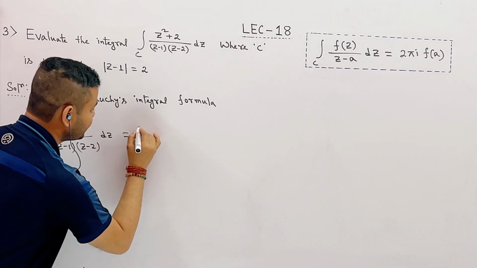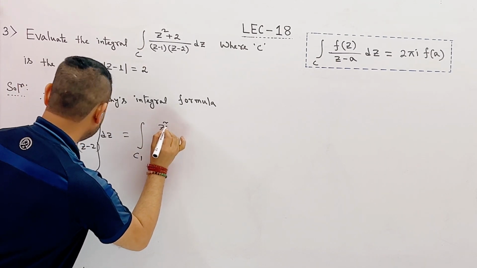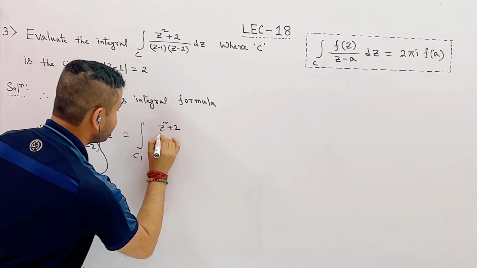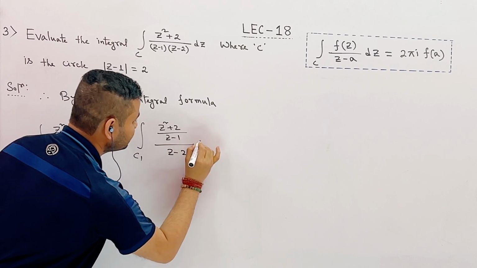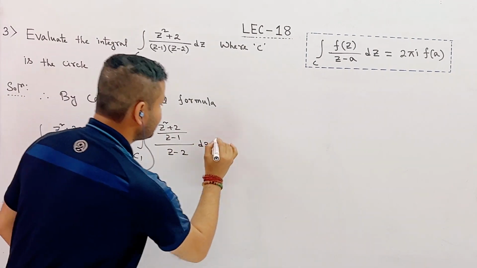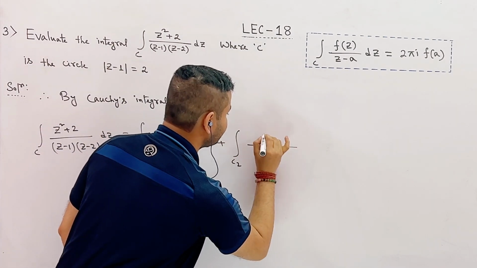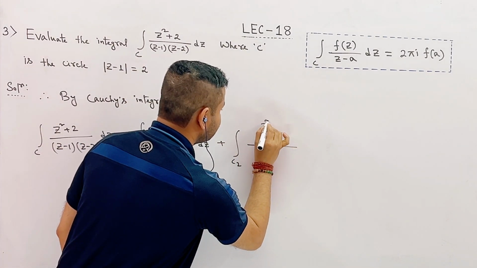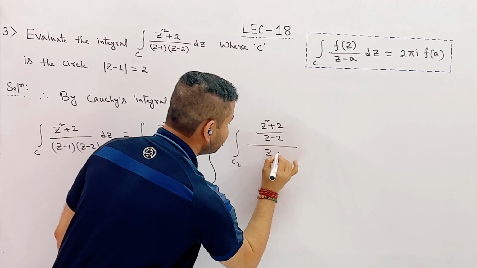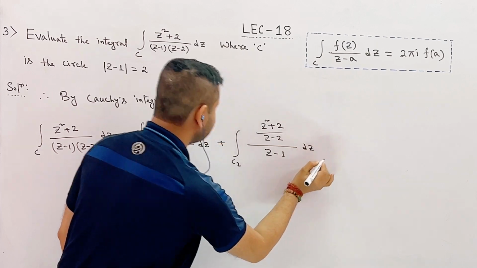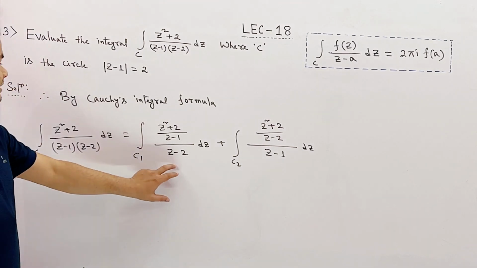This can be written as integration along curve C1, z square plus 2 divided by z minus 1 divided by z minus 2 into dz, plus integration along curve C2, z square plus 2 divided by z minus 2 divided by z minus 1 into dz. First, apply Cauchy's integral formula for this integral.